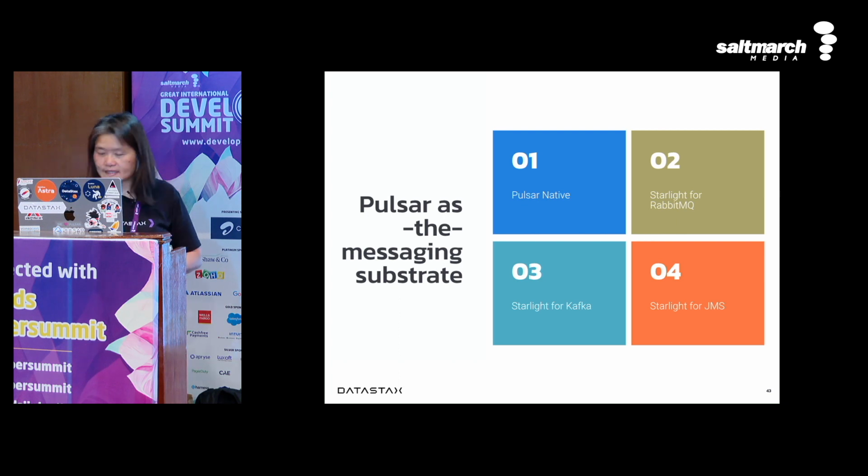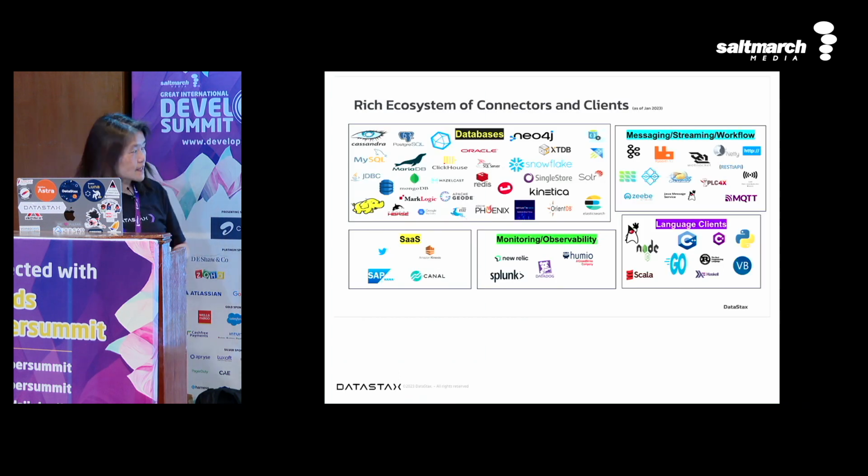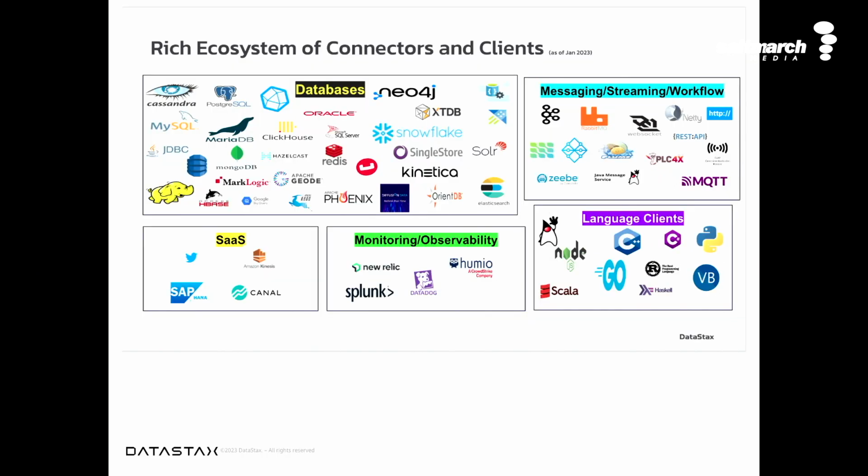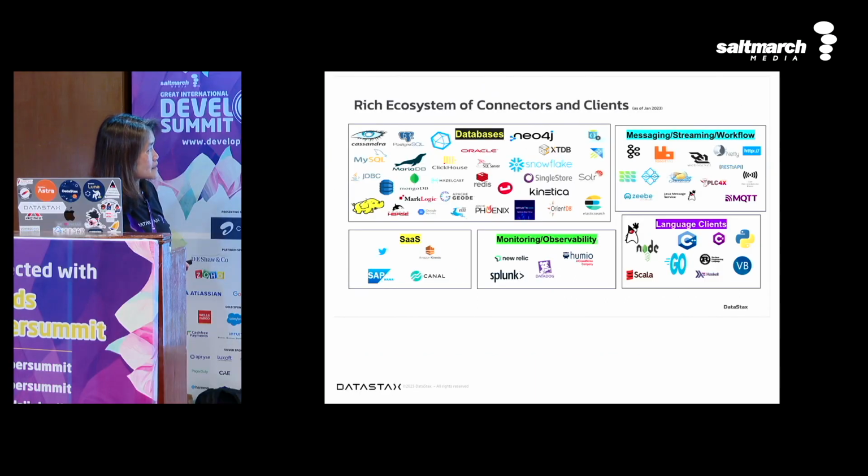This diagram is a summary in pictures of all the different source connectors and sink connectors. There are different databases, and a lot of the common ones are supported, like Oracle, MariaDB, MySQL, JDBC, a whole bunch of them. Then there are also messaging and streaming workflow systems like Kafka, JMS and MQTT. All of these are also supported.